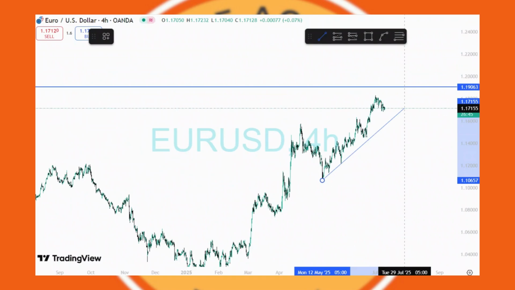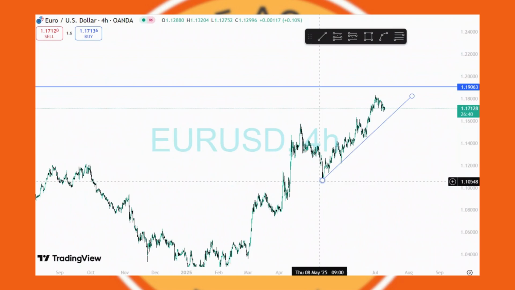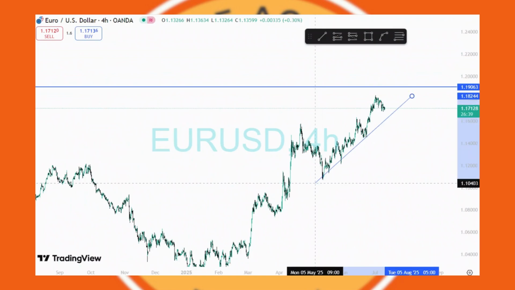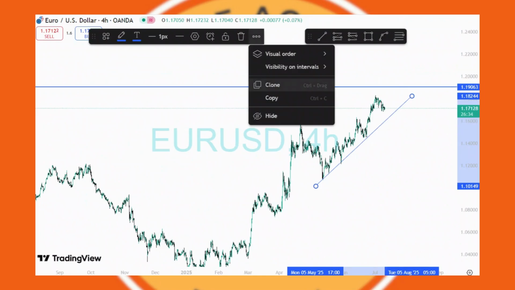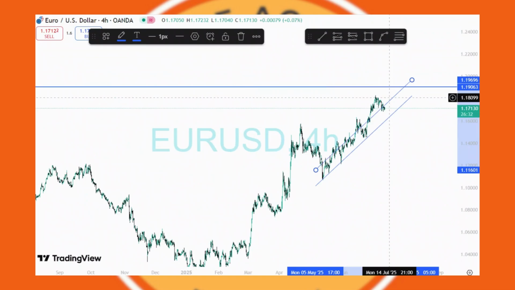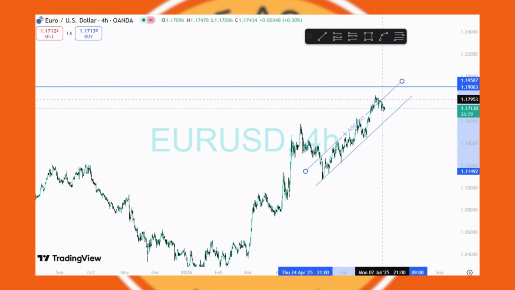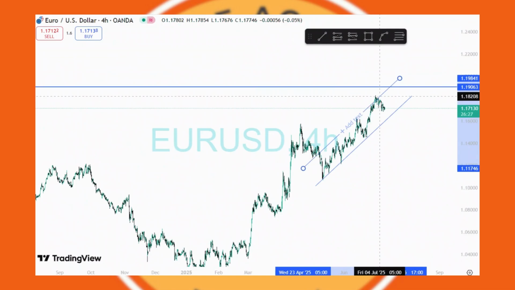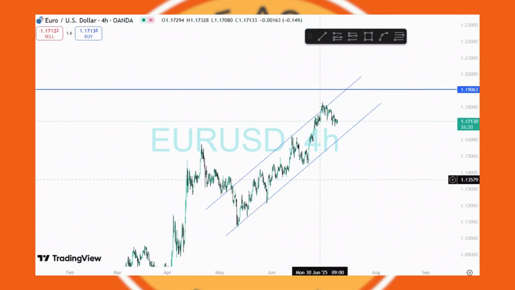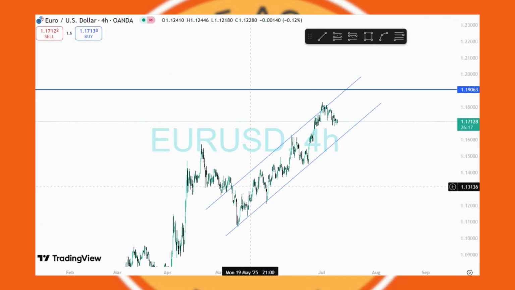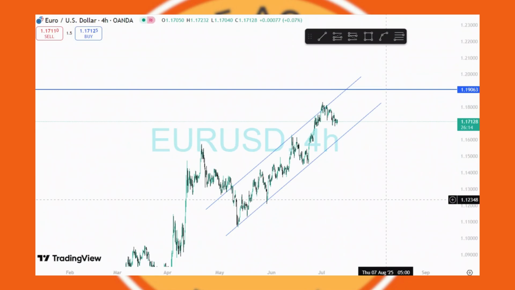I think I see trend line liquidity. Yes. So we have trend line liquidity there. We clone it to see if the same is happening on the opposite side. It is happening, so we have a proper uptrend here.